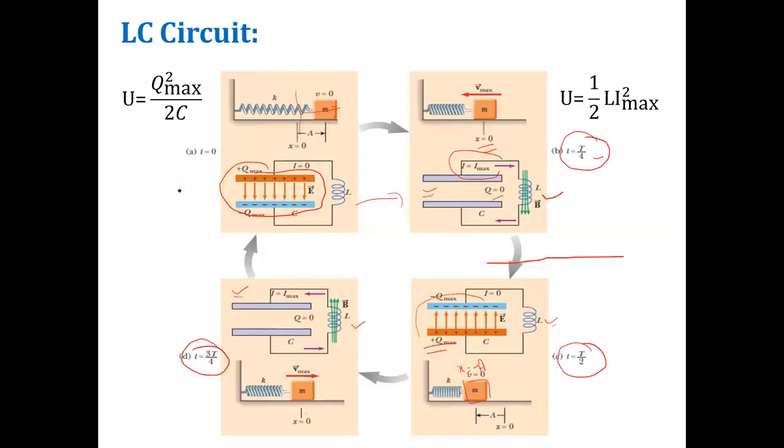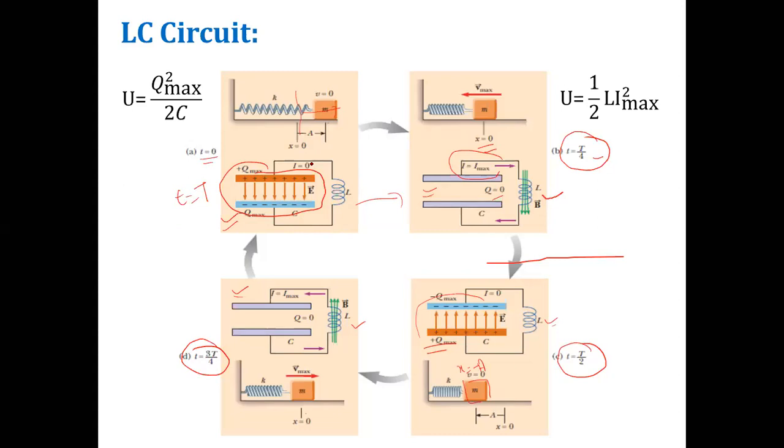Go back to time t is equal to T, and you will come back to the initial state when your capacitor is going to charge once again with the same polarity as it was charged at time t is equal to 0, and there will be no current in the inductor.